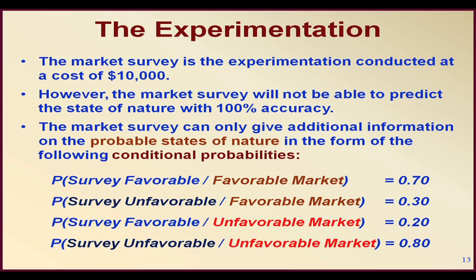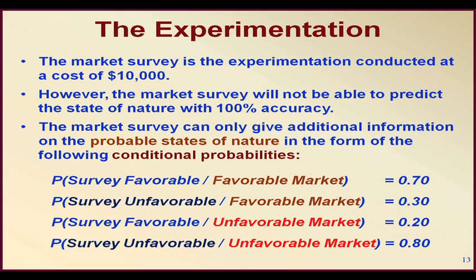The market survey can only give additional information on the probable states of nature in the form of the following conditional probabilities. It could be survey favorable given the market is favorable, survey unfavorable given the market is favorable, survey favorable given the market is unfavorable, and survey unfavorable given the market is unfavorable.